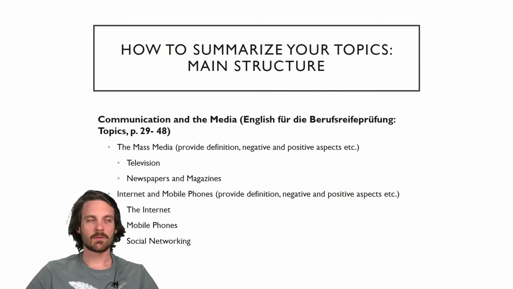So how to summarize your topics? Basically the main structure. As I've already told you, you have, for example, the topic Communication and the Media in the book Englisch für die Berufsreifeprüfung.